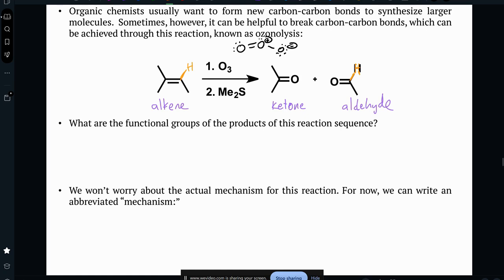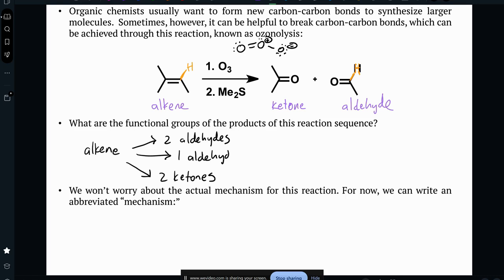So your products, you're always going to start with an alkene, and you could get two aldehydes. You could get two ketones, or you could get one aldehyde and one ketone, depending on what your starting alkene looks like.